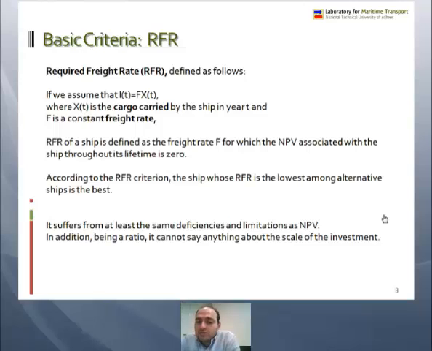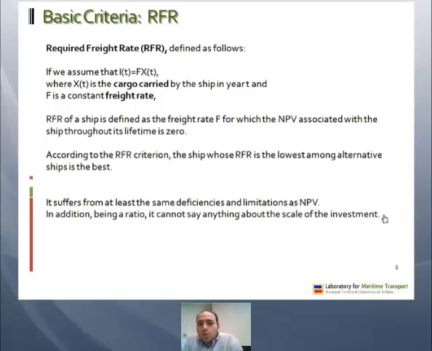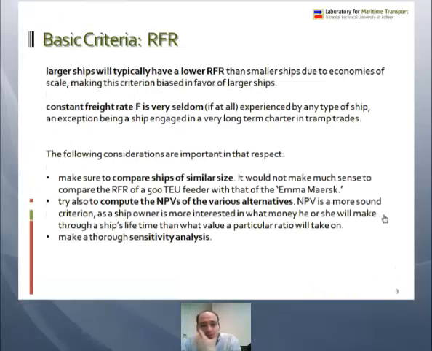So being a ratio, it cannot say anything about the scale of the investment, which actually brings us to the following. Larger ships will typically have a lower required freight rate than smaller vessels due to economies of scale, which actually makes this criterion, which ignores scales, favor larger vessels.